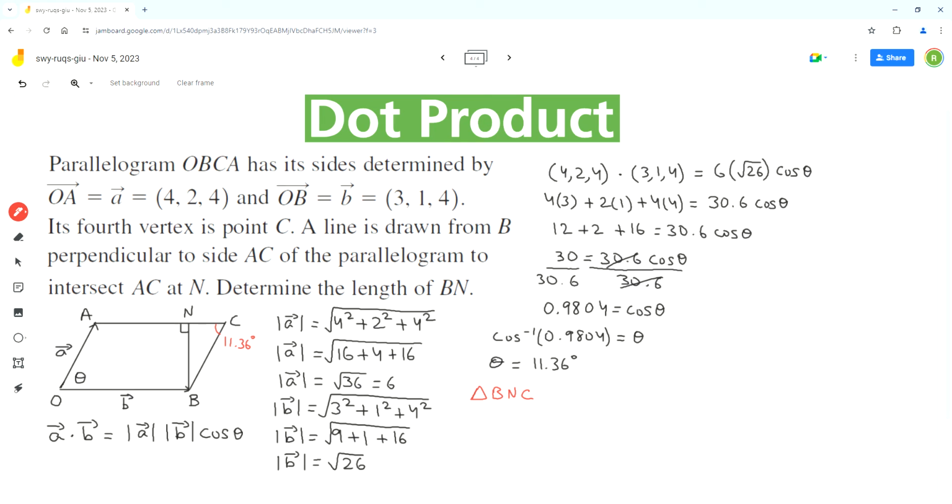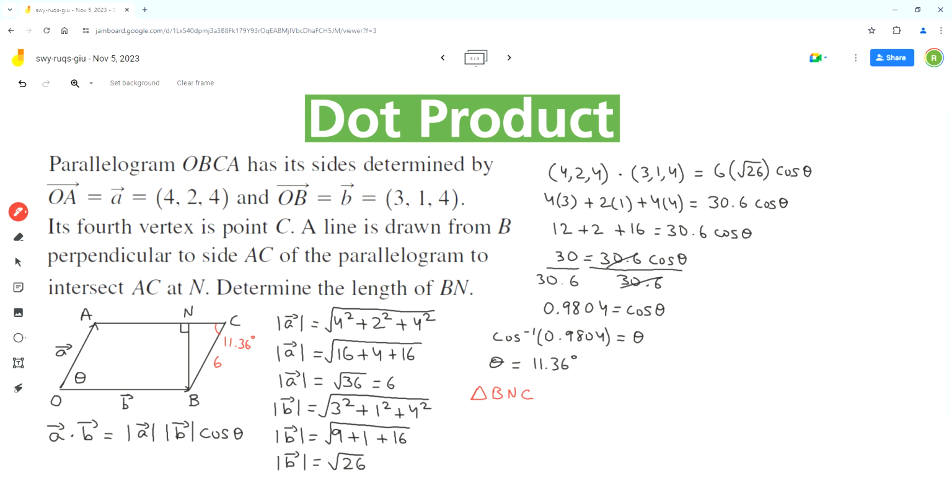Triangle BNC is a right angle triangle because line segment BN is perpendicular to side AC of the parallelogram, and in this triangle the length of side BC is equal to the magnitude of vector OA because in a parallelogram opposite sides have equal length. The magnitude of vector OA or vector A is 6. That means the length of side BC is 6.